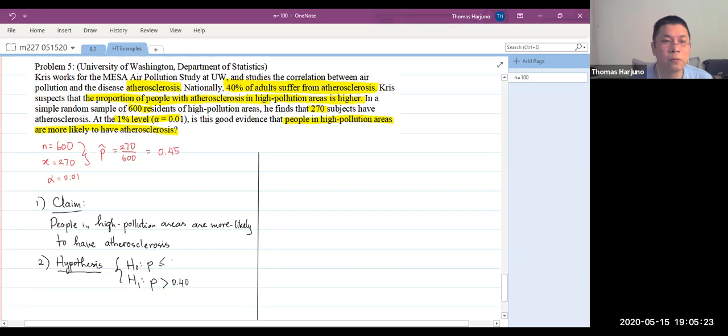So the null is less than or equal to 40%. And step 3, let me do my step 3 here. z is equal to p hat minus p over the square root of p times q over 600. By the way, because my p is 0.4, my q is 1 minus 0.4. This will be z.